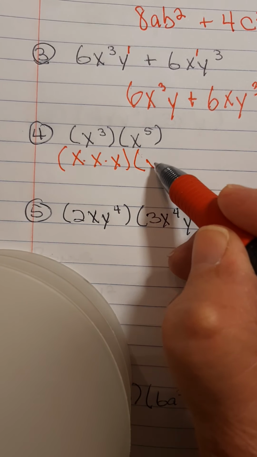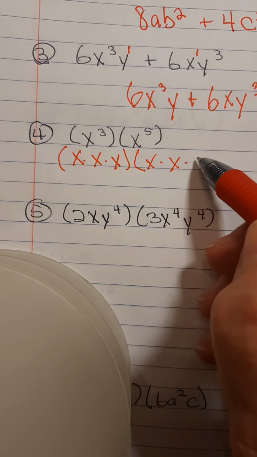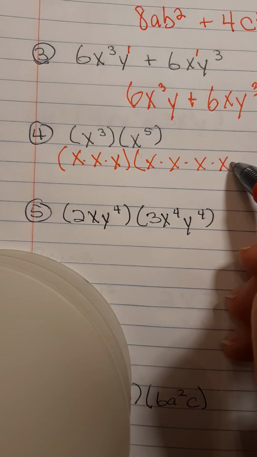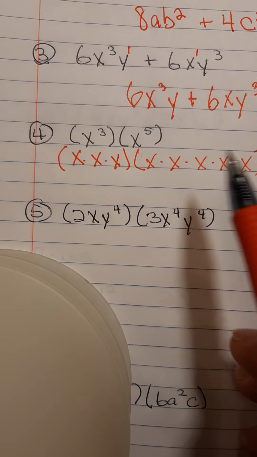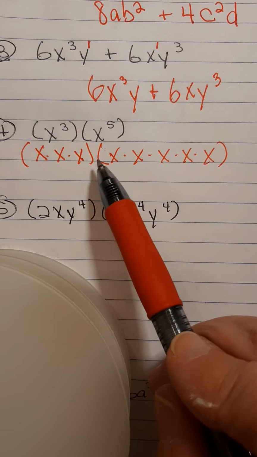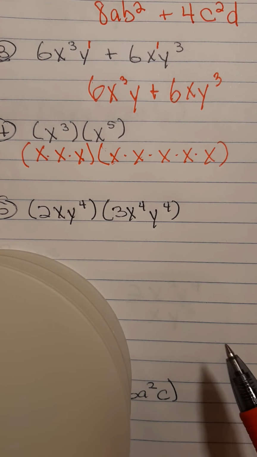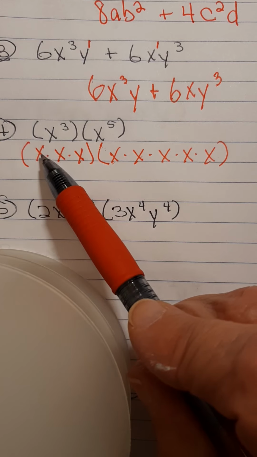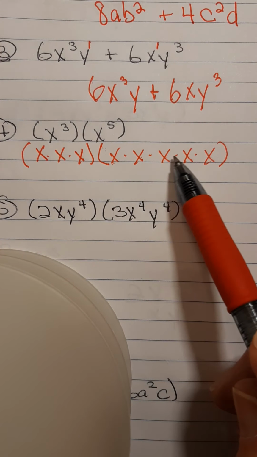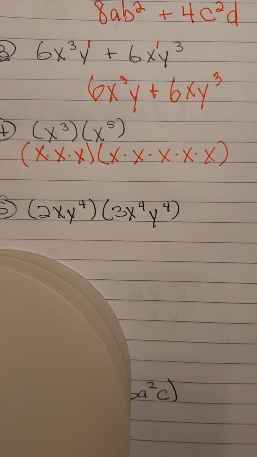X to the 5th is like saying x times x times x times x times x. 1, 2, 3, 4, 5, or x to the 5th. Now, if we come across and count them, we get 1, 2, 3, 4, 5, 6, 7, 8. Hopefully that's what we come up with.